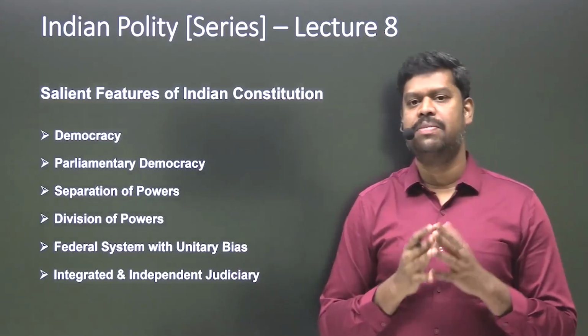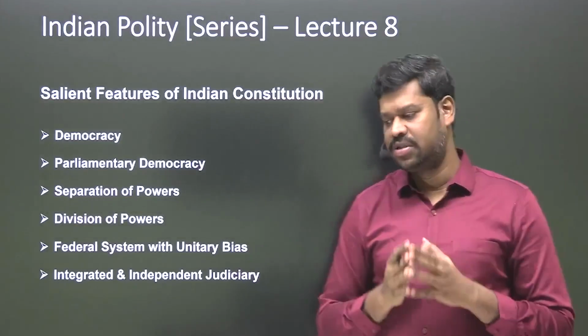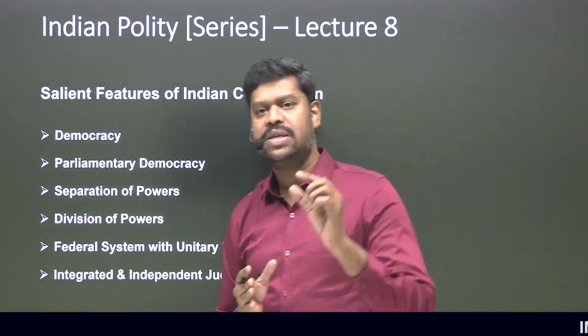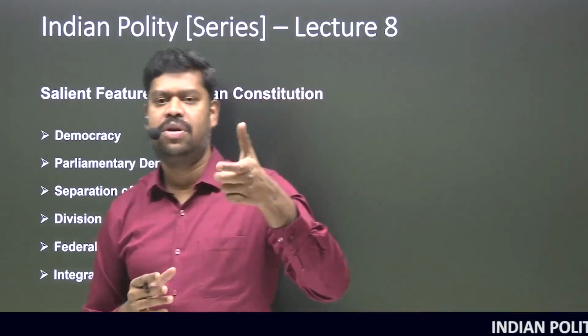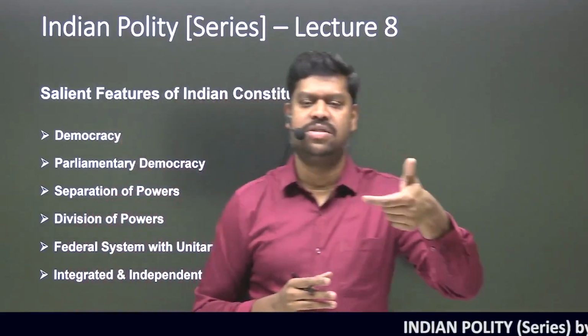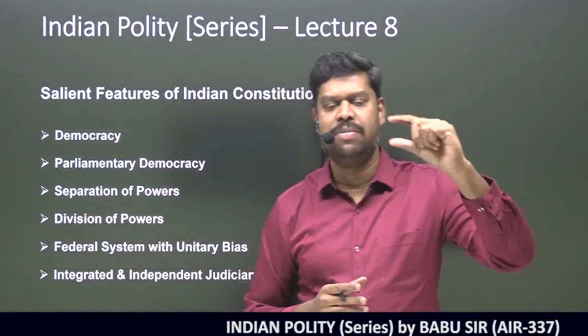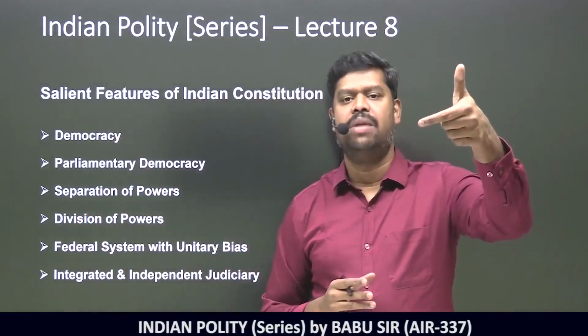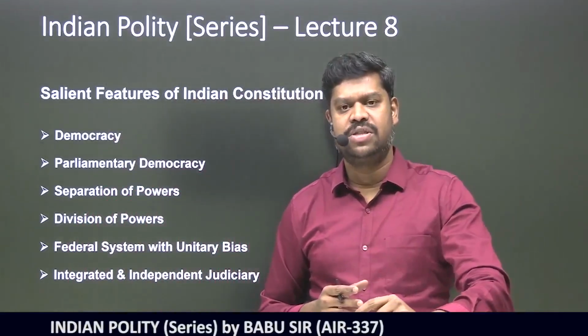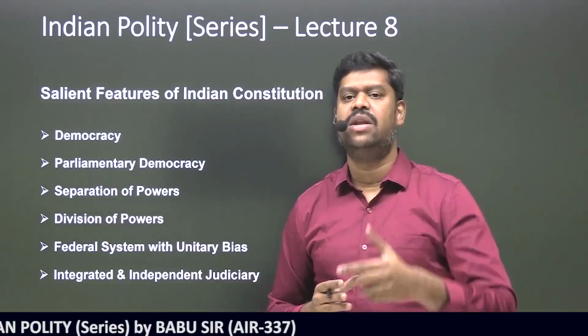Why is there some overlap? Because the government is formed from the legislature. For example, the Union Council of Ministers and the Prime Minister come from the Parliament, and the State Council of Ministers and the Chief Minister come from the state legislature.